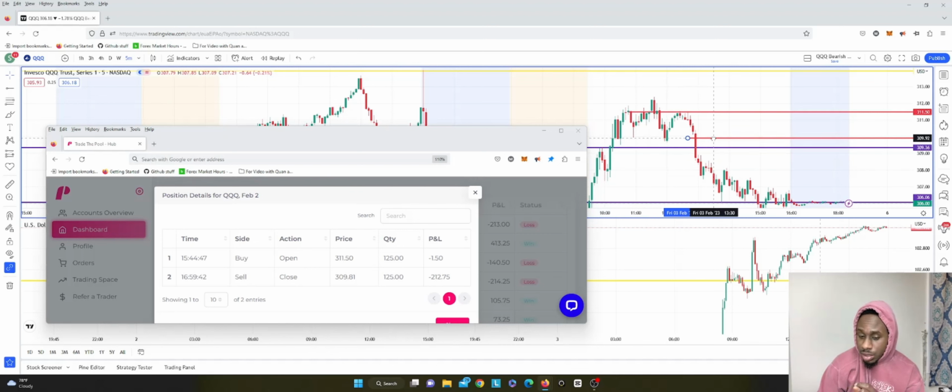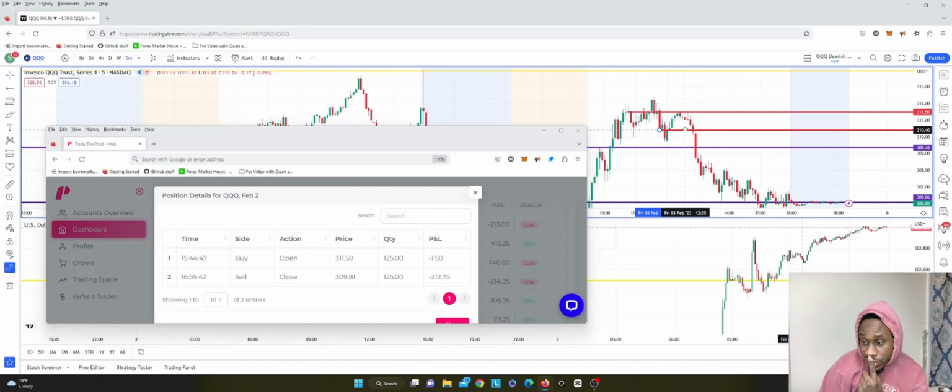If you minus 5 from that, you get 11:59, so the 11:50 candle. Okay, 11:50. I got hit out at 309.89.